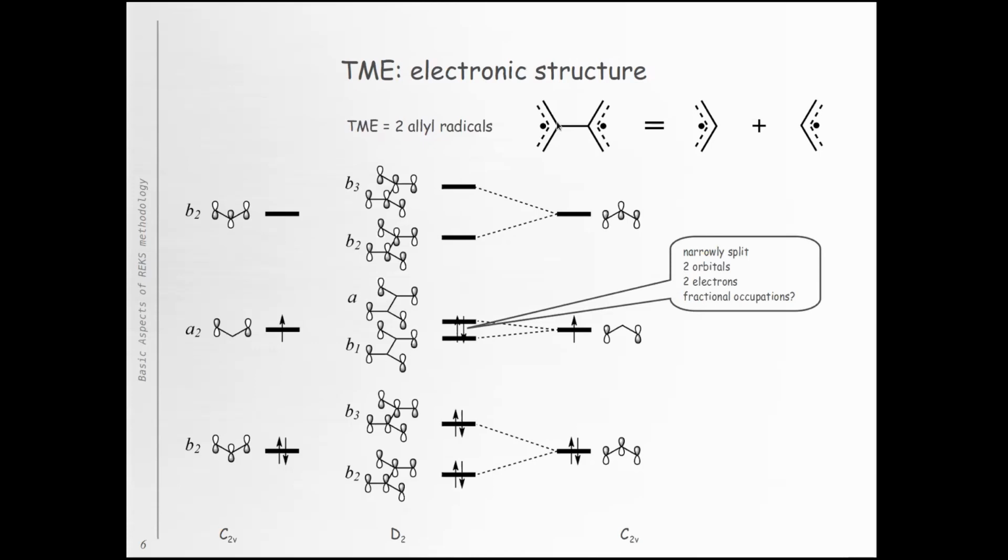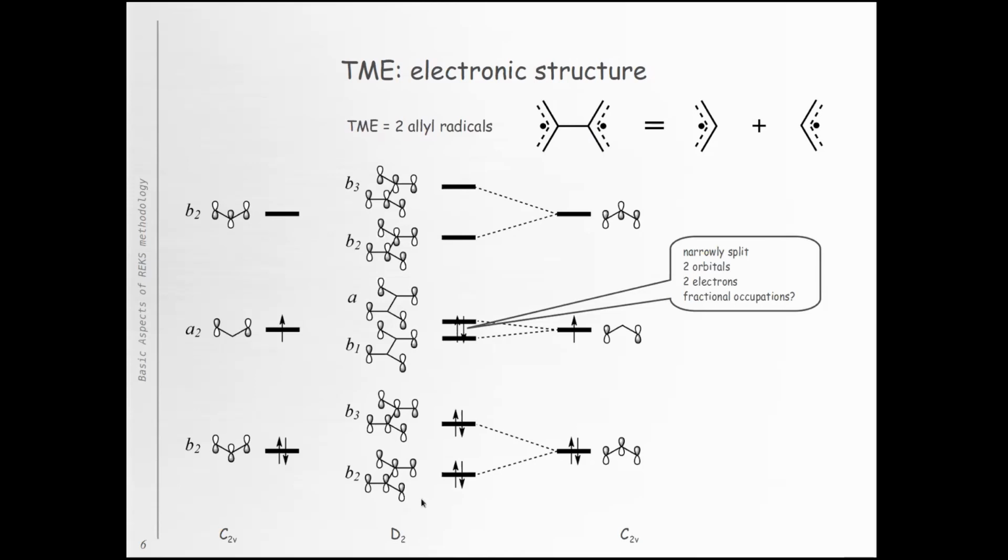That would be an allyl radical, and that would be an allyl radical as well, connected through their central carbon atoms. The pi-type molecular orbitals can be built using molecular orbitals of the allyl radical, B2, A2, and B2 again, with symmetry in the C2V group.